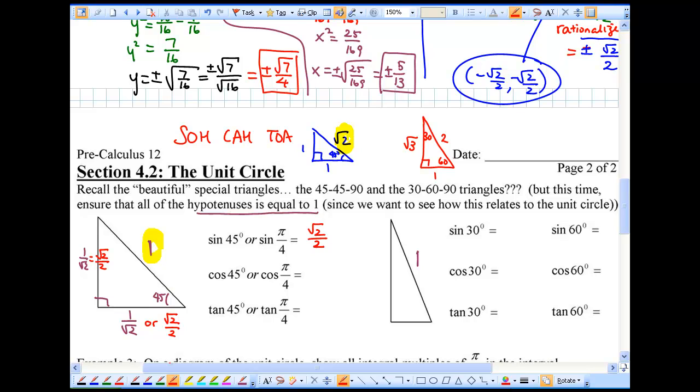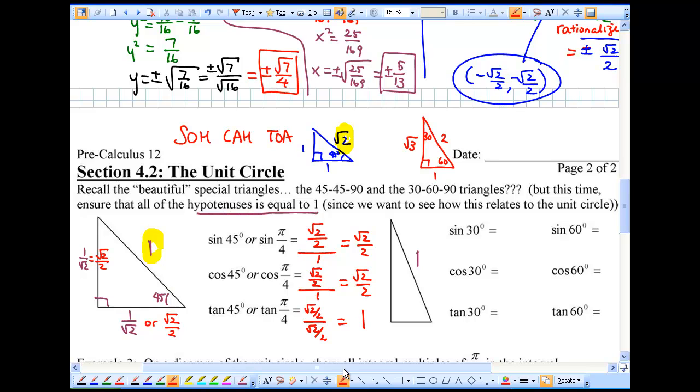Well, I'm just going to leave that as root 2 over 2. Do you want me to write that down over 1? I guess I could. Cosine, that's adjacent. So root 2 over 2 once again over hypotenuse. That's just root 2 over 2. Tangent, well, that's root 2 over 2 over root 2 over 2. Well, that's, oh yeah, 1. Tangent of 45 degrees is equal to 1.